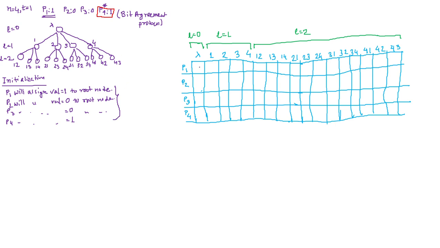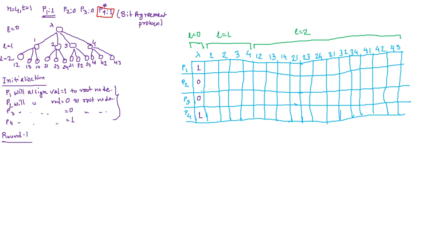So if I write the values here, the root node is nothing but the node with level lambda. P1 has assigned value 1 to its lambda node, P2 has assigned 0, P3 has assigned 0, P4 has assigned 1. So level 0 of all the parties' local EIG trees is initialized in the initialization phase. This is done. Now comes round 1.